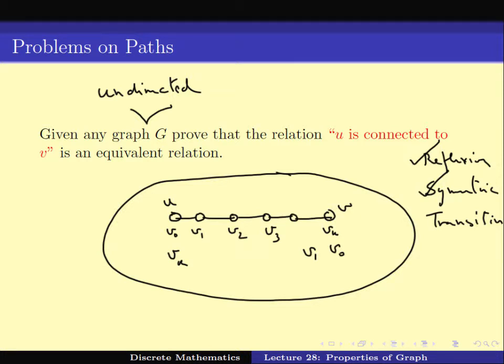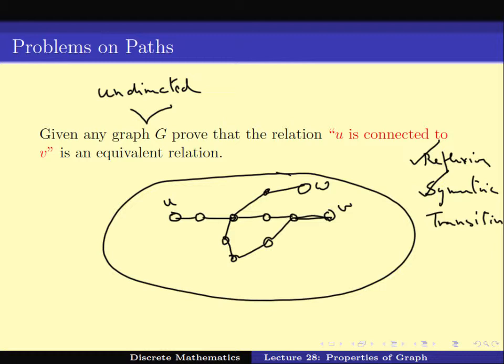Now what about the transitive case? The idea is that if U is connected to V and V is connected to W, it may be that V is connected to W through this path. And this is W. So there is a path from U to V, there is a path from V to W. It may be that some of the edges or some of the vertices are reused. Now the question is, is there a path from U to W?